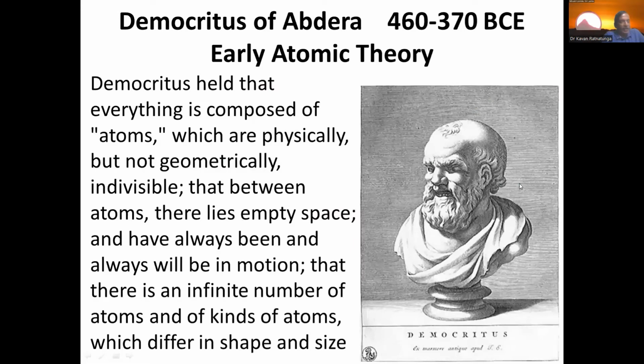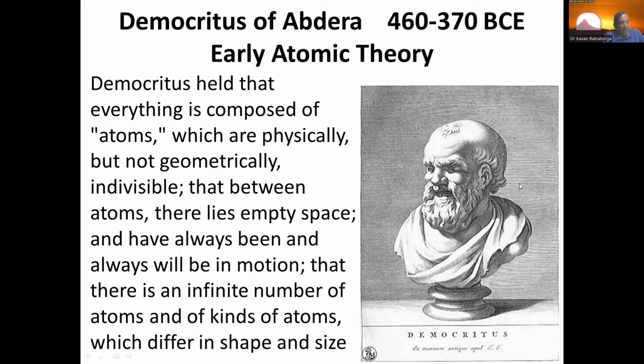Around 460 to about 400 BCE, we had Democritus, who thought about the concept of atoms, which were not geometrically divisible. So that's a very modern concept, which we didn't have for a long time.